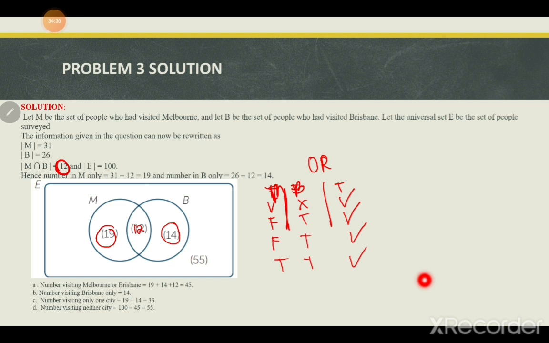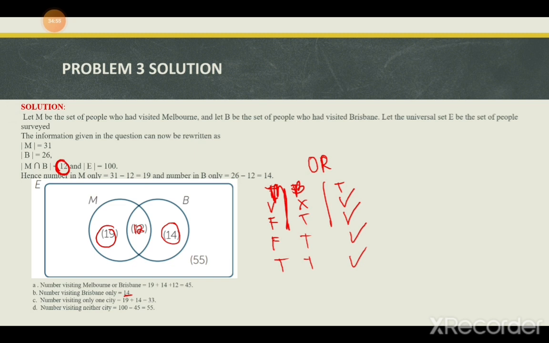Pag may and naman is only na to, only. So, number visiting Brisbane only, so yun yung 14 natin. Because they are the only people who already visited your Brisbane. And then, the number visiting only one city is those people who visited only one of the cities.